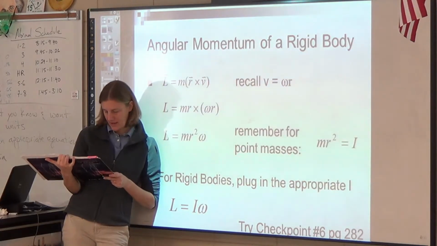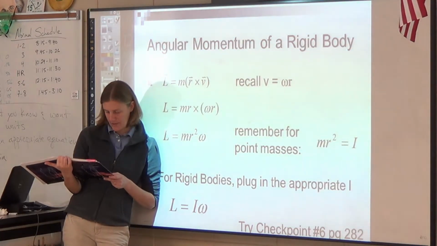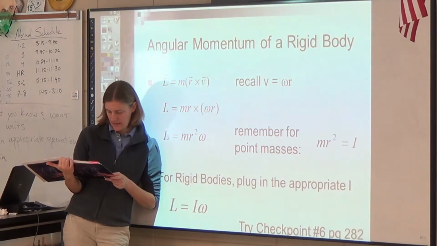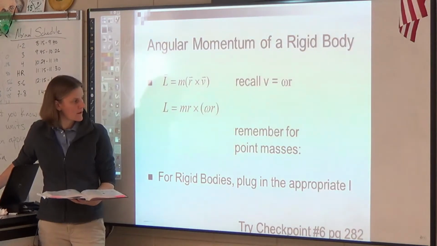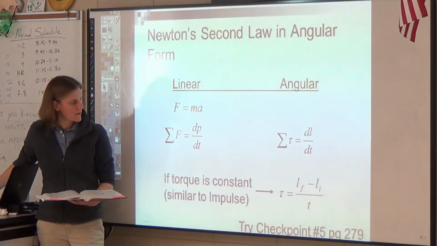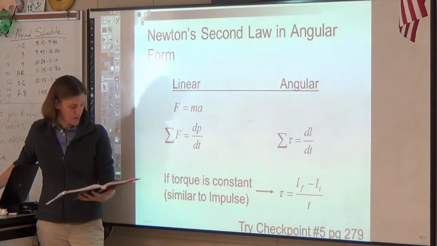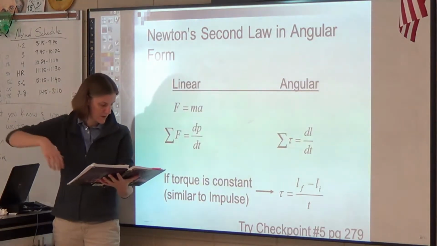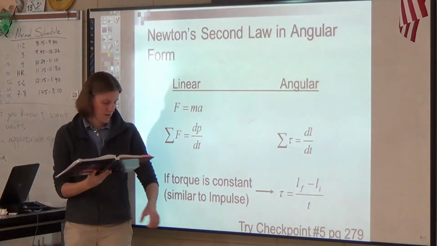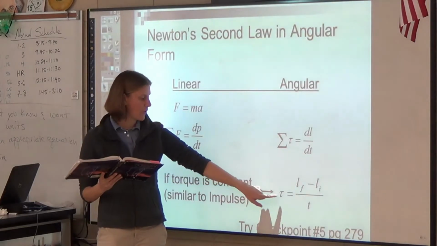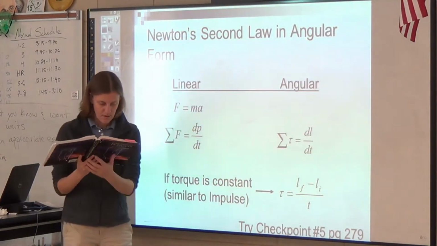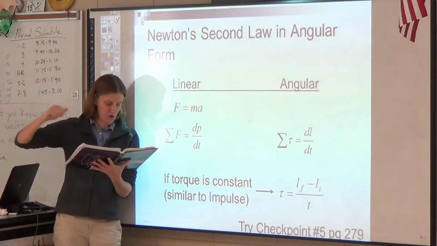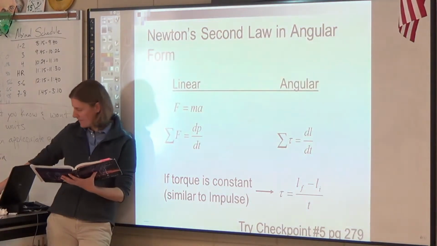First, it says rank the objects according to their angular momentum about their central axes. Let me back up to that other formula for a second. They should be the same. If they have the same radius and the same force, then the torque should be the same. So their angular momentum should be the same. Very good.